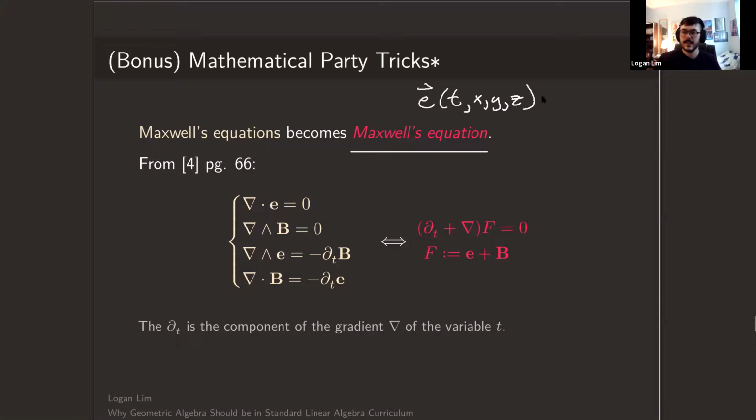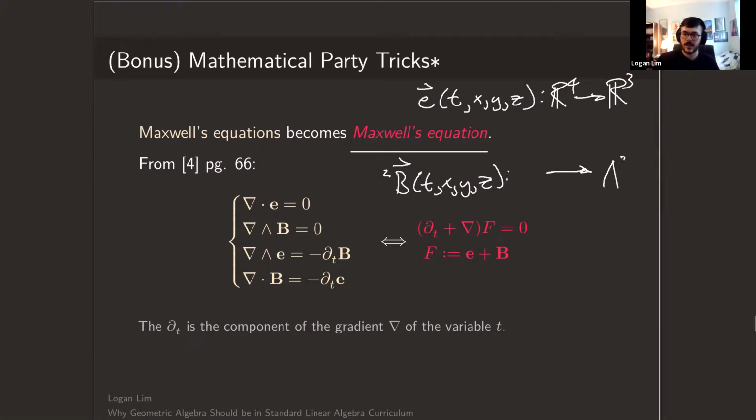This is actually a vector field like in typical multivariable calculus. So I think it's R4 to R3, is that correct? And then we have this bivector field, also taking t, x, y, z, representing the magnetic field, giving us back bivectors.